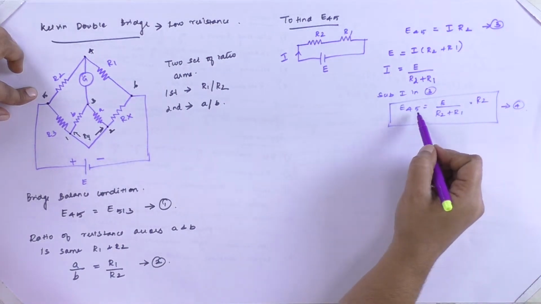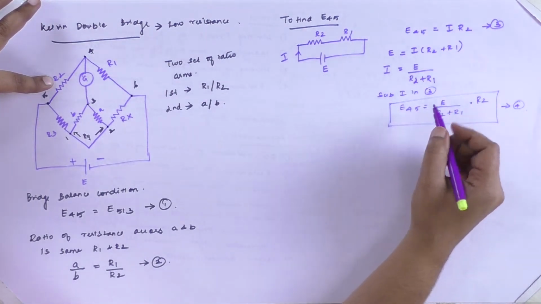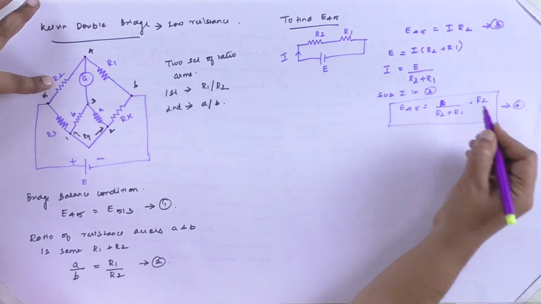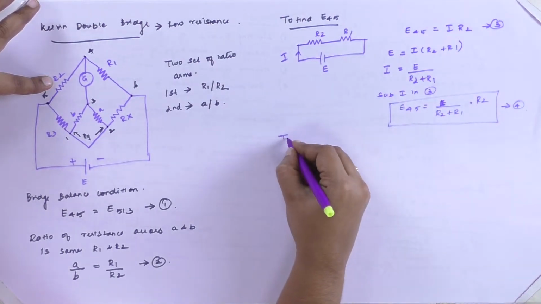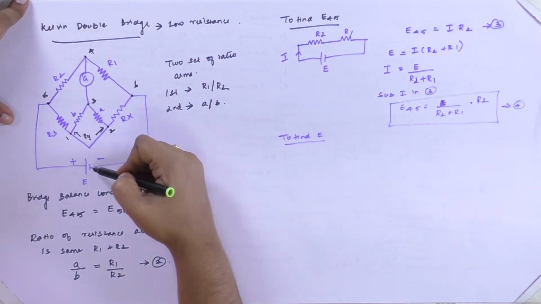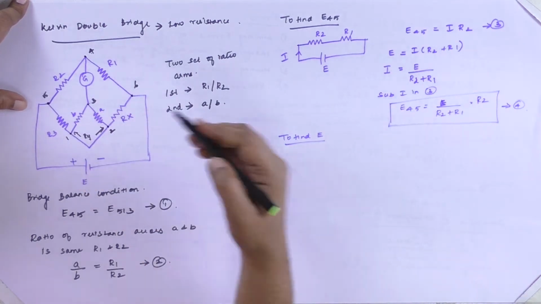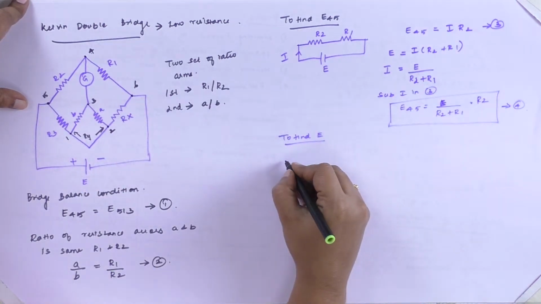I want the value of the potential across this resistor R2 in terms of the resistances, so I have to find the value of E. To find E, I am going to consider the path 5, 1, 2, 6 and again 5. I am going to redraw the circuit.